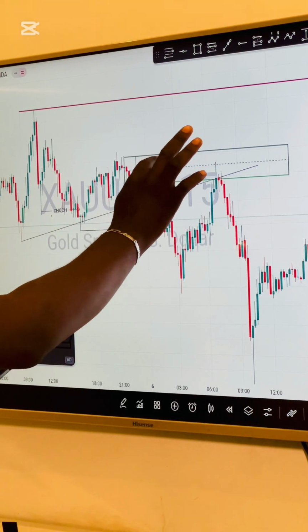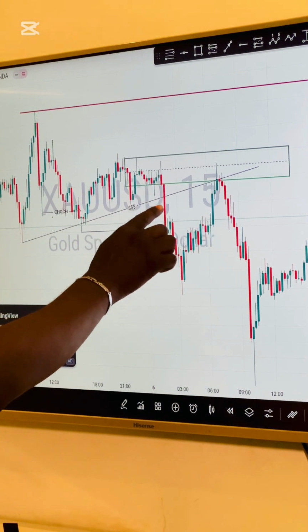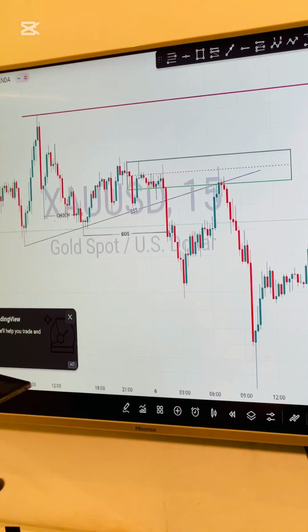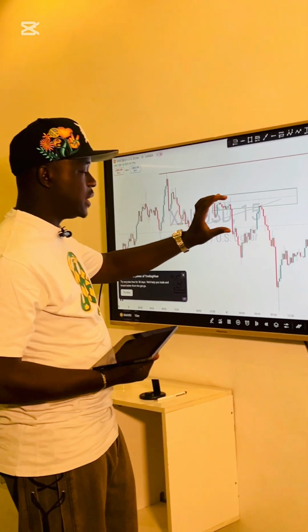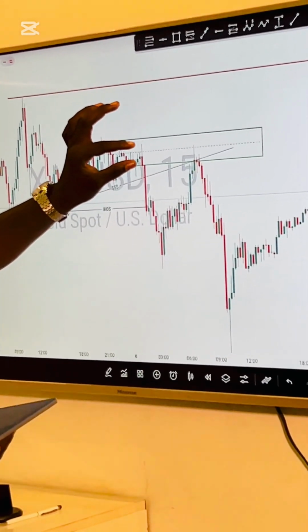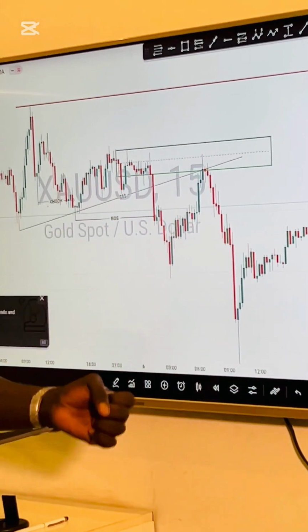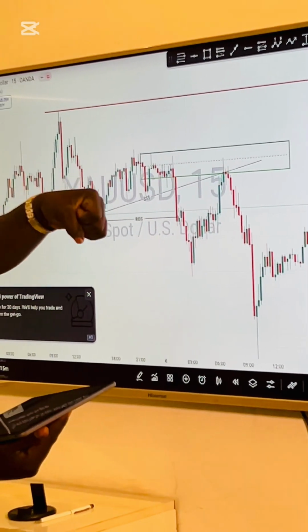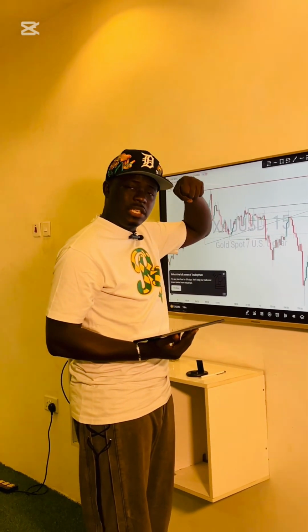We can call this an order block, because this was where the financial institutions got into the market. This was where we got a huge order. And because we got a huge order from this very junction, this was what made the price shift, because there are a lot of orders with huge amounts of money that got into the market.